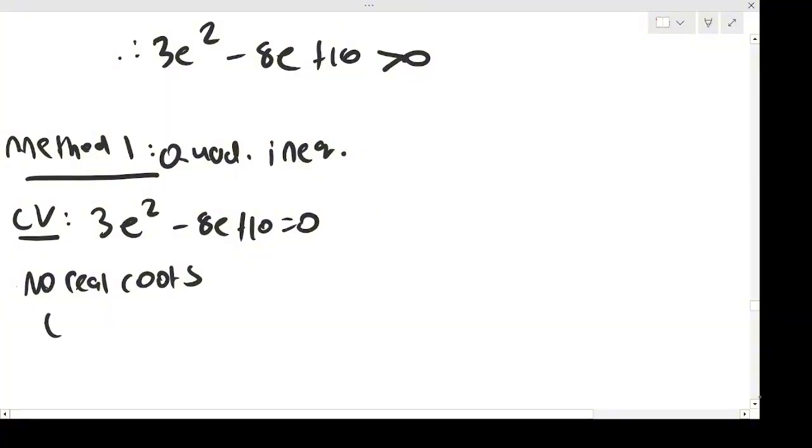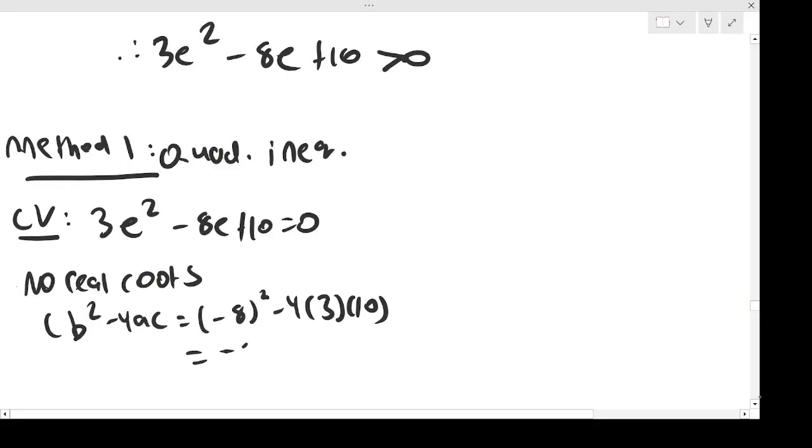Again, you can confirm that because if we work out the discriminant, that's going to be minus 8 squared minus 4 lots of 3 lots of 10. That should be negative, okay? Yes, you get minus 56, which is less than 0. So you can justify there's no real roots.